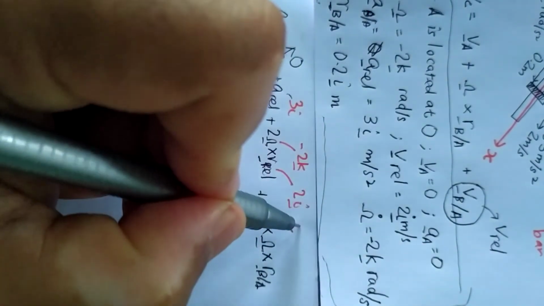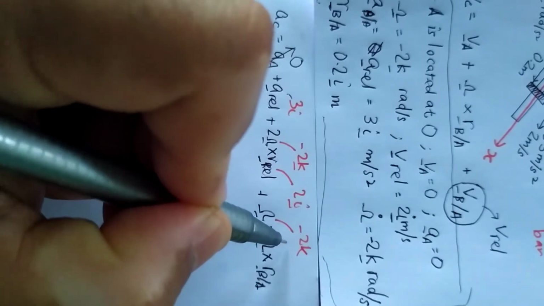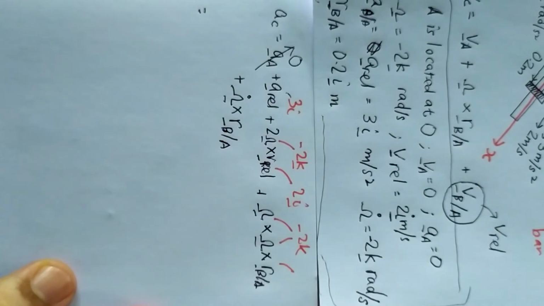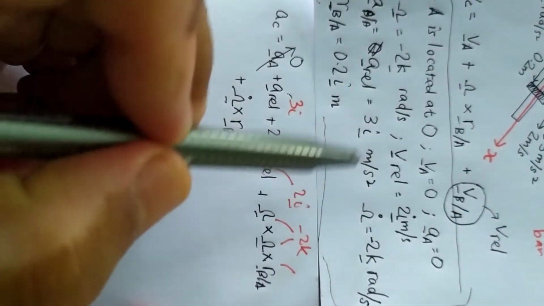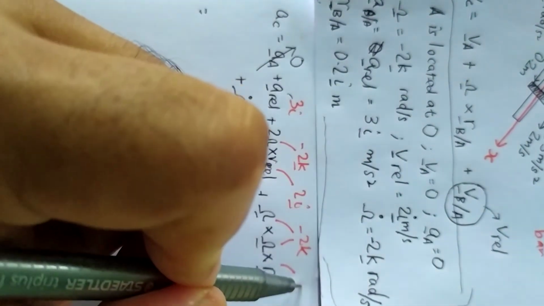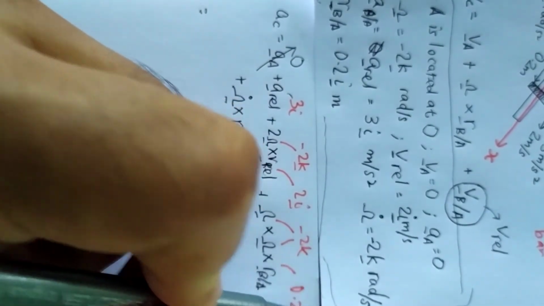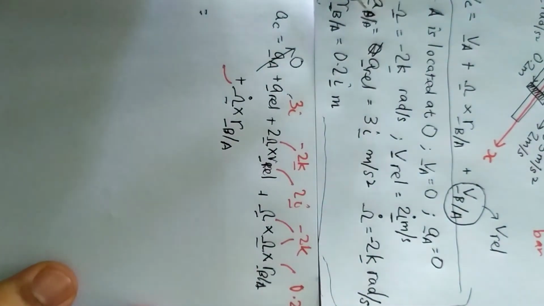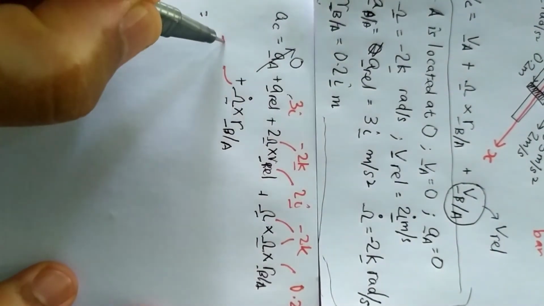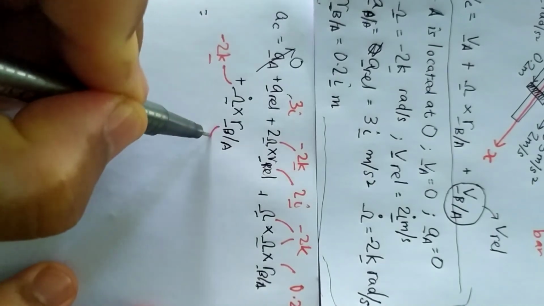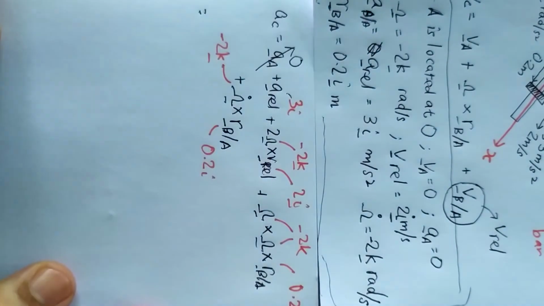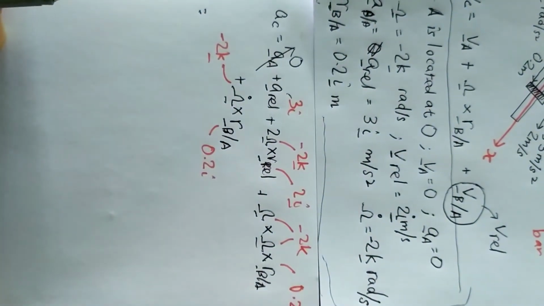Omega is minus 2k. Position vector B relative to A is 0.2i. And we know omega dot is given as minus 2k. So you can do all the operations, and we should be able to get the result.